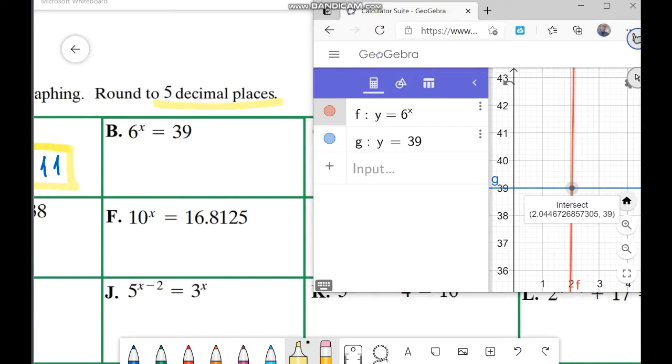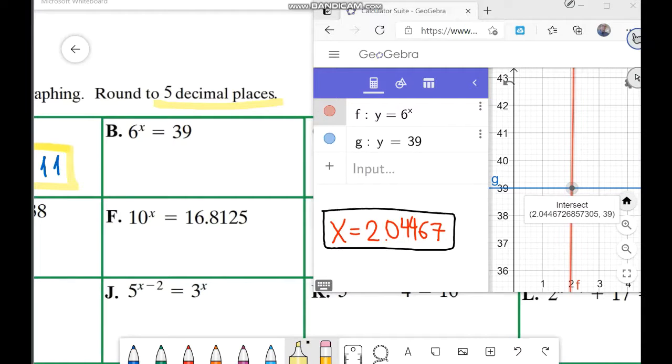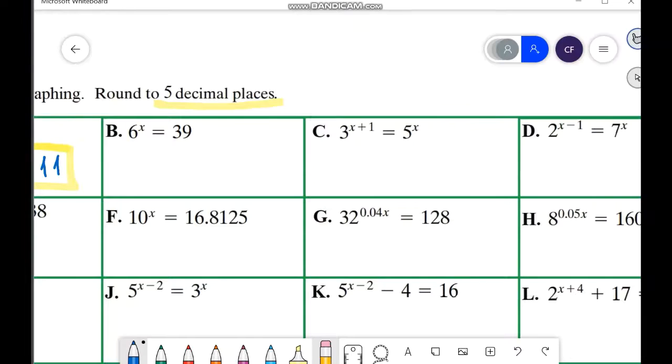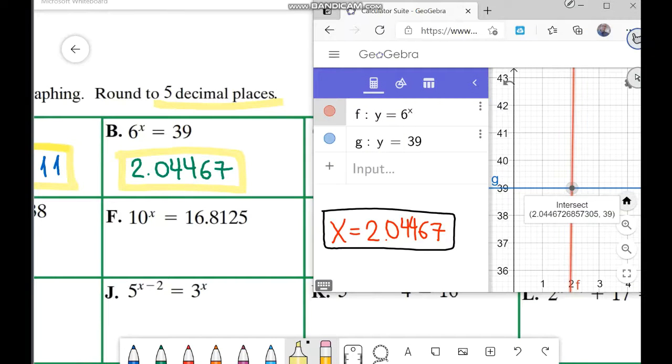Click on the intersection point and you have the answer. X equals 2.0447. We need 5 decimal places, right? So for letter B, 2.0447.